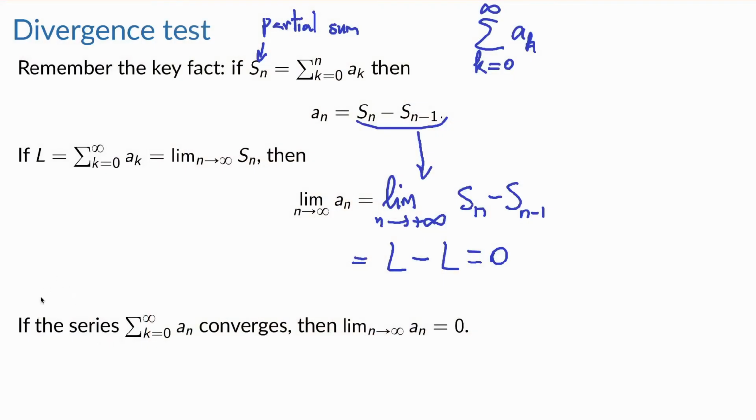We're going to do the exact same thing. So we're going to say if this limit of the an is not equal to 0, then the series diverges.